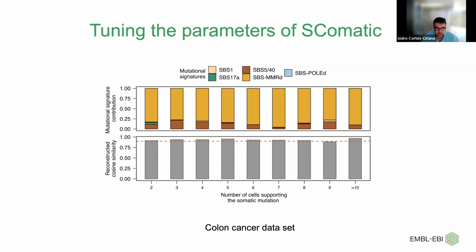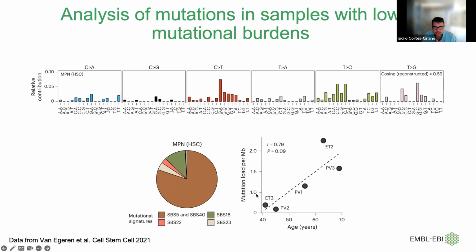But this is using the data, or tuning the parameters of the algorithm, in a data-driven way. So I guess detecting mutations in cancer might be easier because we know that the clonality of most mutations is going to be high.